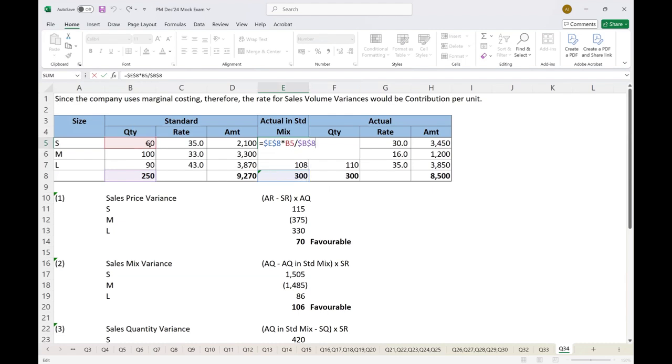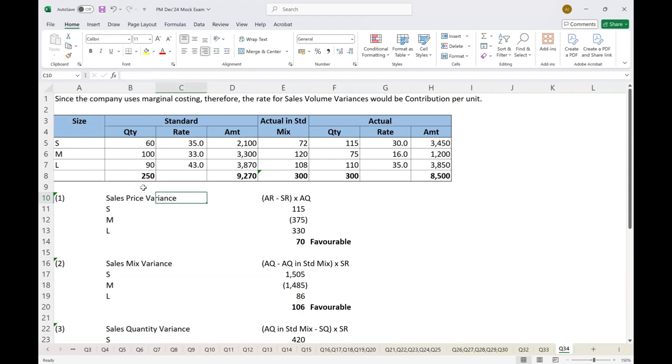So 300 into 60 by 250, then 300 into 100 by 250, then 300 into 90 by 250. So that is the actual in standard mix. Okay, so now my table is ready. I just need to calculate the variances and very clearly put the formula and link it with the above table. It is that simple. Once you have cracked making this table correctly, I'm telling you, your life is going to be sorted.